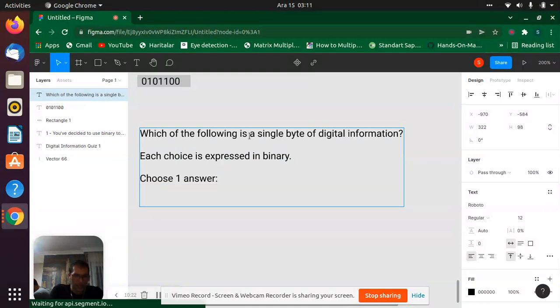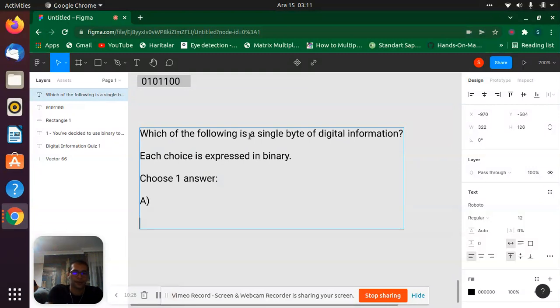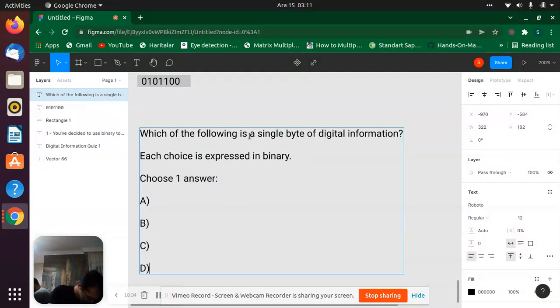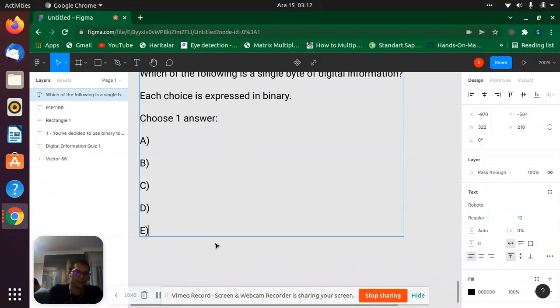That's good. Now we have A, B, C, D, and also E. We will solve them together.